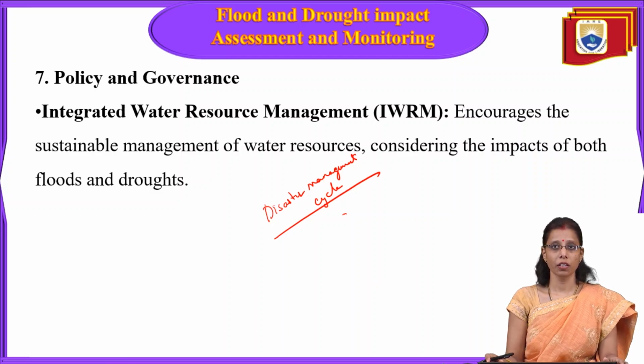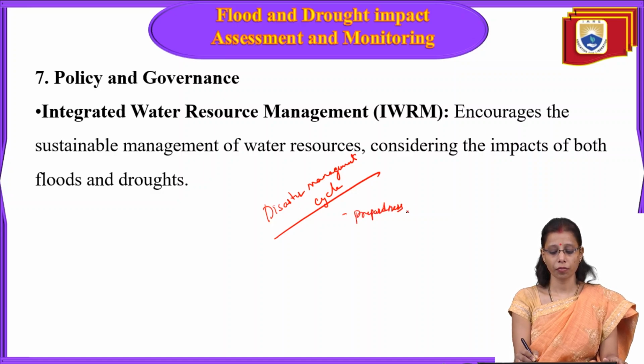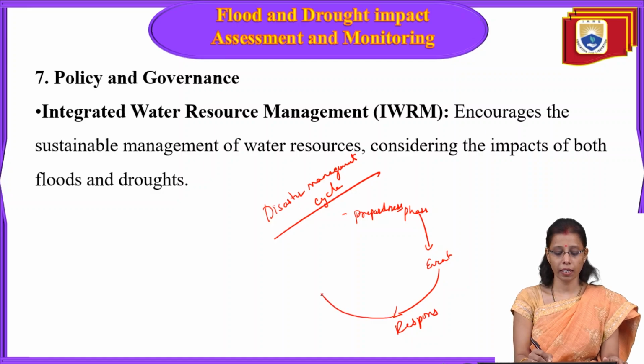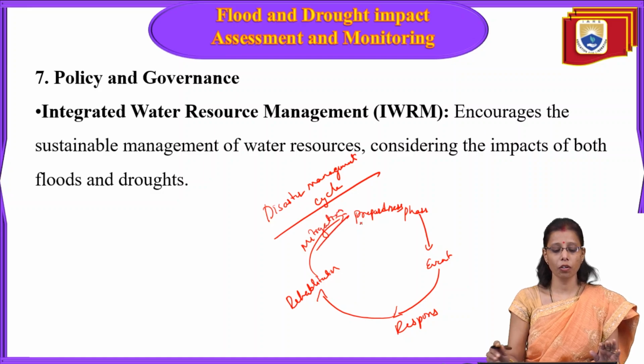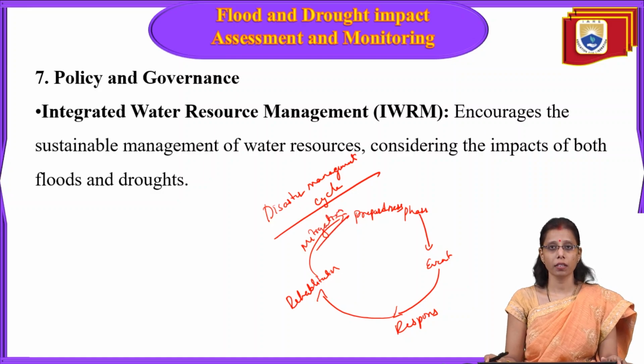Wherever the event occurs, we have the preparedness phase. After the event occurs, we have the response. Then after the response, rehabilitation, and we have mitigation again.